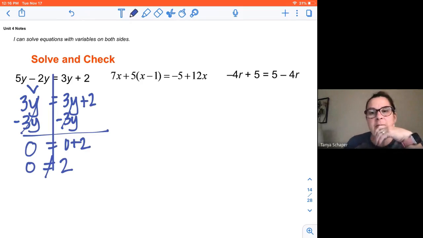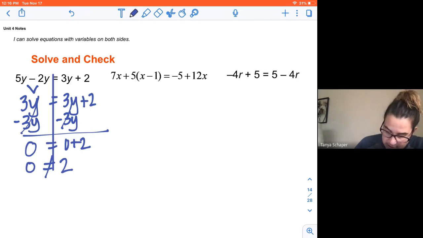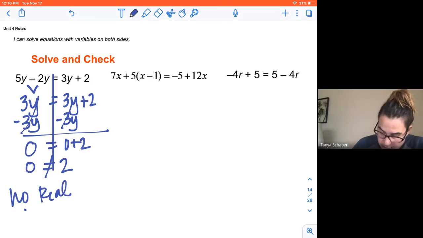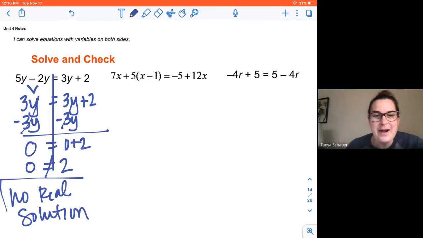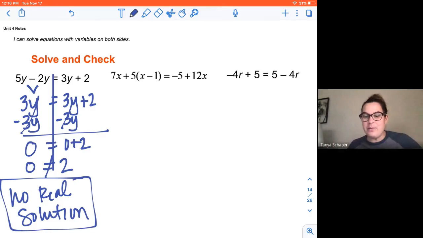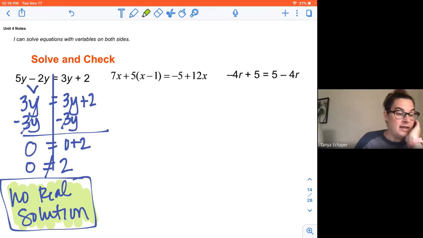So when I solve my equation and my variables cancel out and I come up with an untrue equation, that tells me that there is no real solution. Okay, so that's what I would write on my answer blank. That's what I would box in. That is what my answer is: there is no real answer. That's my answer.